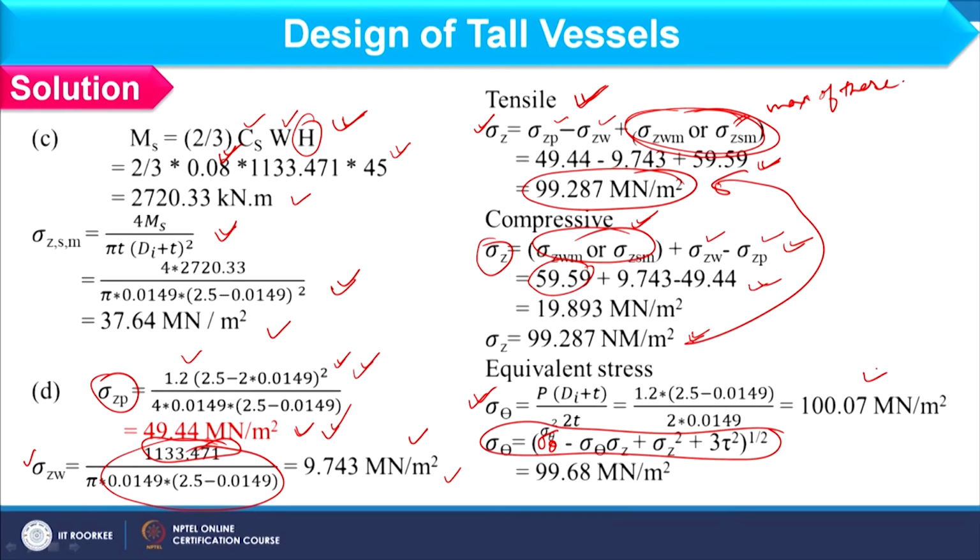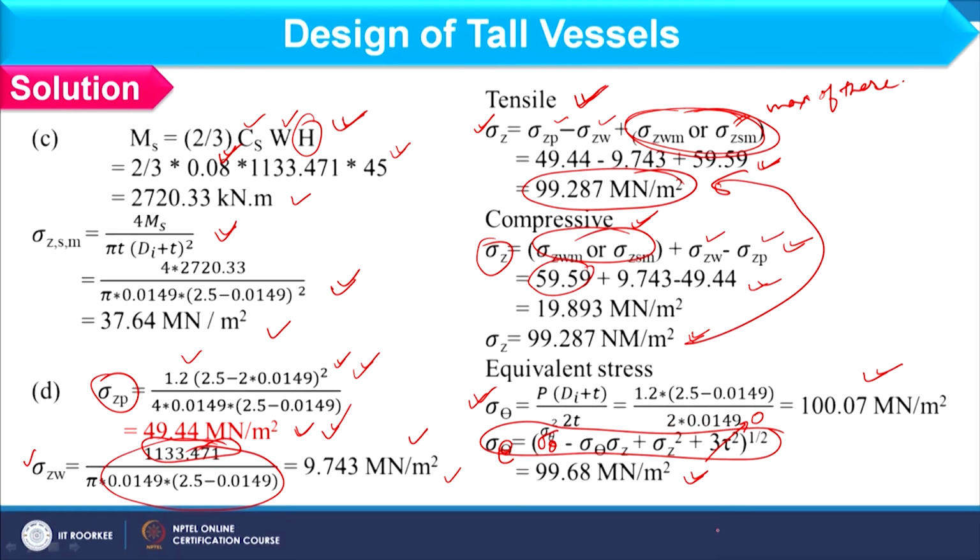That comes out as 100.07 mega Newton per meter square. This tau is basically torque, which we neglect, and so we can find out the equivalent stress, that is sigma E, and it comes out as 99.68 mega Newton per meter square.